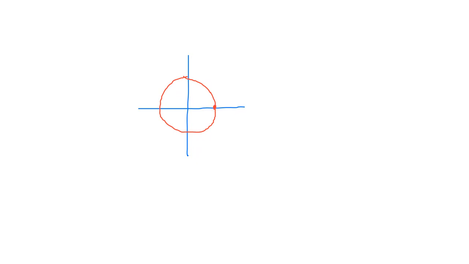This point, this point, this point, this point. For all x, y, if it's a unit circle, that means x squared plus y squared equals 1. But those 4 are special points.